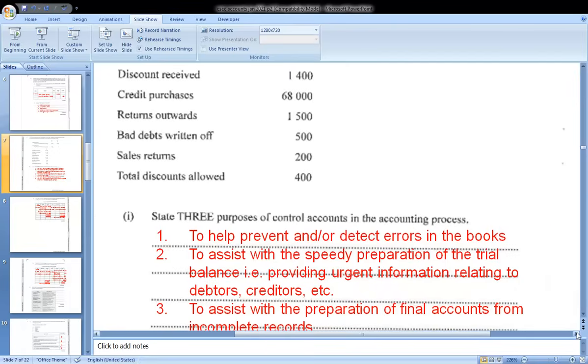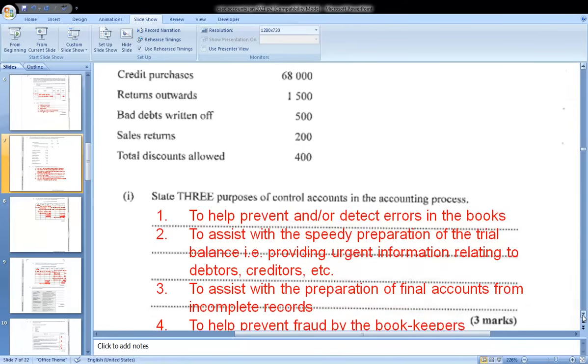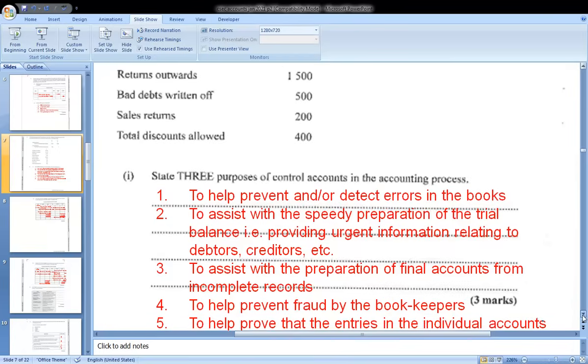Now, 1, control accounts help to prevent and or detect errors in the books. 2, to assist with the speedy preparation of the trial balance, that is providing urgent information relating to debtors, creditors, and so on. 3, to assist with the preparation of final accounts from incomplete records.